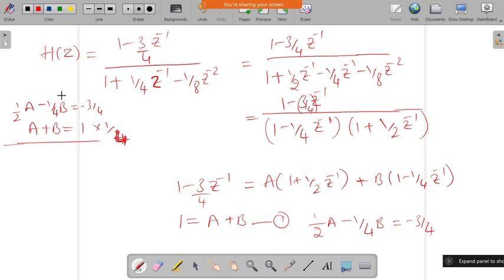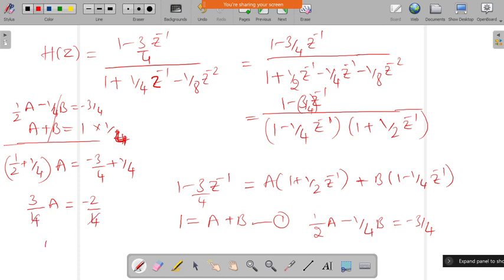So B will cancel out, and here 1 by 2 plus 1 by 4 times A is equal to minus 3 by 4 plus 1 by 4, which gives 3 by 4 A equal to minus 2 by 4.